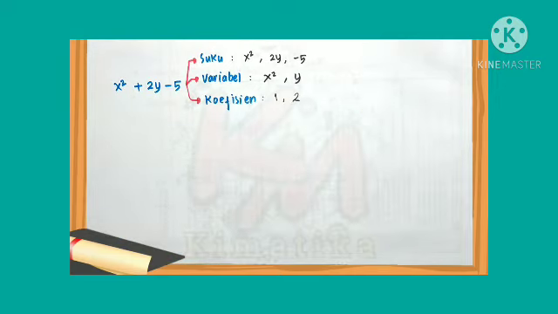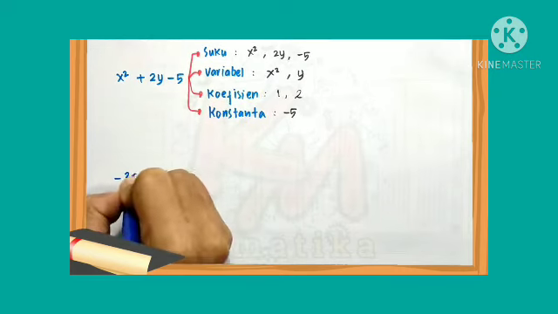And the last, constant. From the algebra x squared plus 2y minus 5, we look at the number that stands alone, that is minus 5.